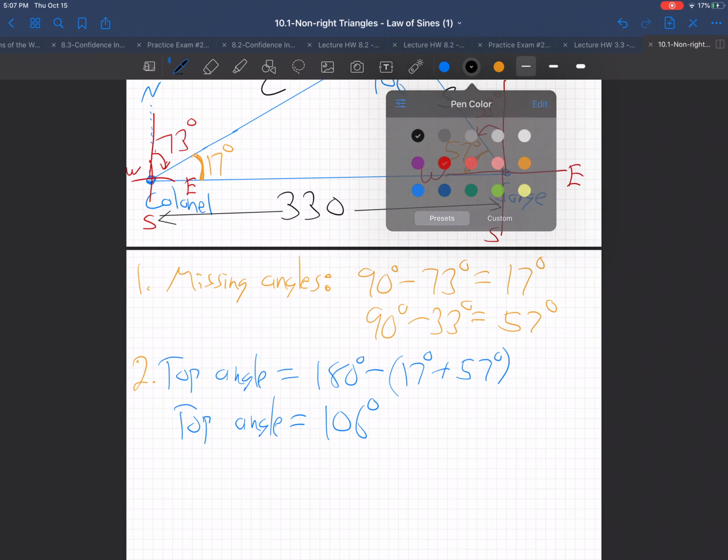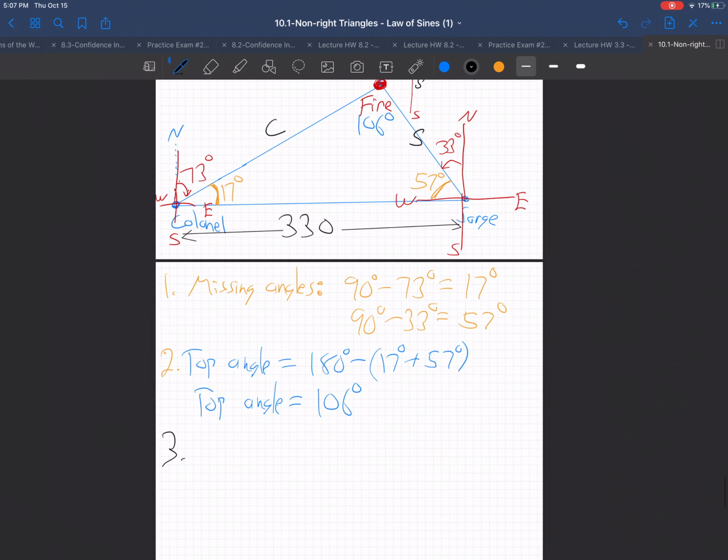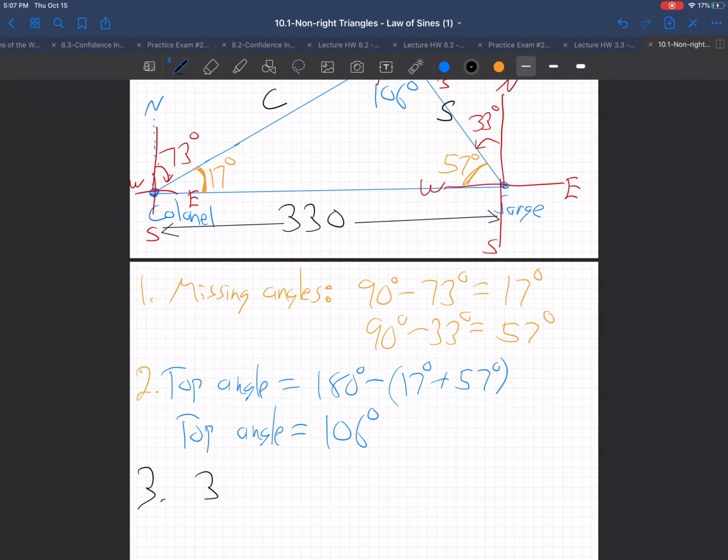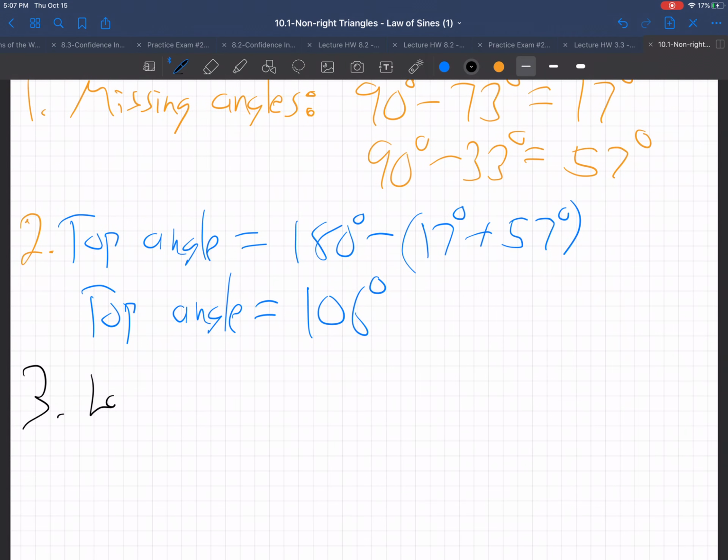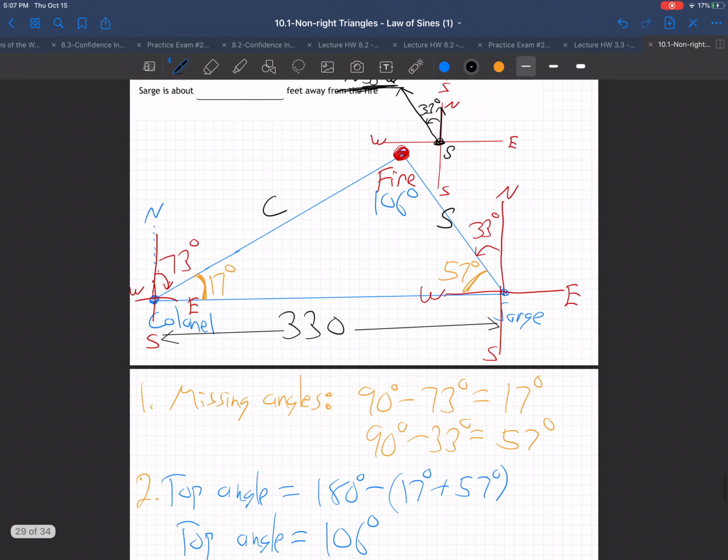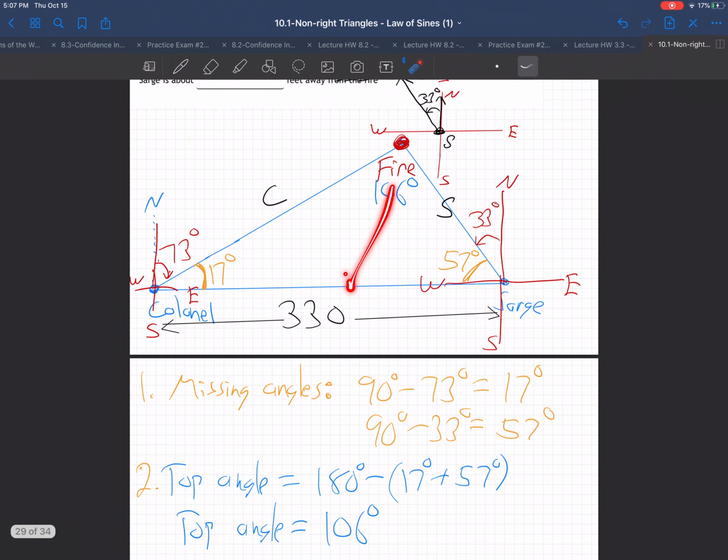So here we go. Law of sines. Let me write law of sines so it's clear what we're doing. 330 over sine of 106.